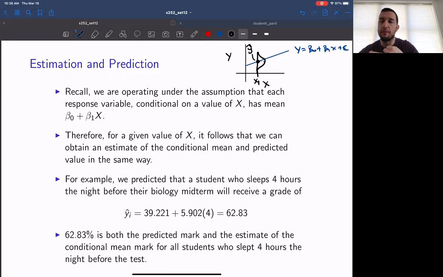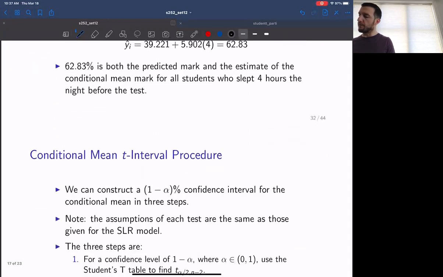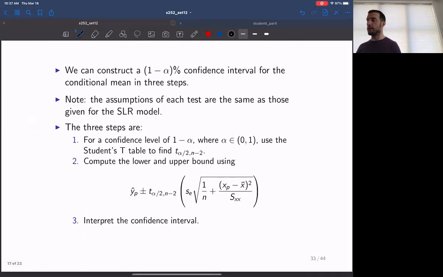Because there are two different interpretations, we can build two different confidence intervals for that point. Each interval has a different amount of error associated with it because of what it represents. The first interval that we will look at is the conditional mean interval. This procedure, on slide 33, uses the same assumptions that the SLR model uses.